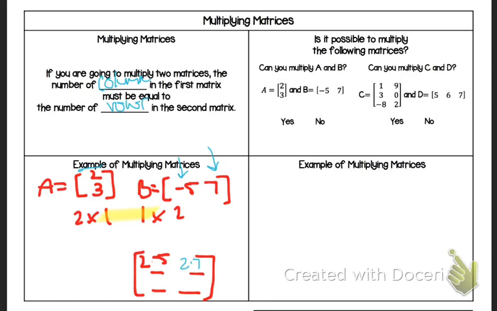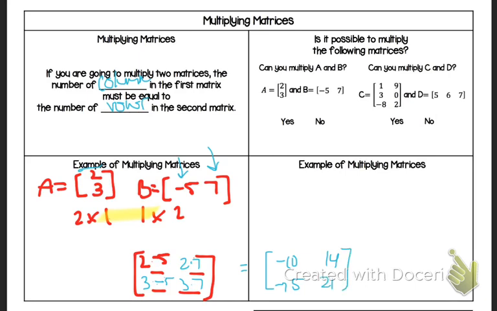To get this one, our second row, first column, so 3 times -5. And then this one, second row, second column. So 3 times 7. So we get -10, -15 down here, 14, and 21.